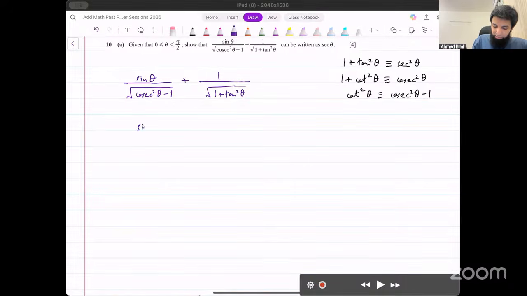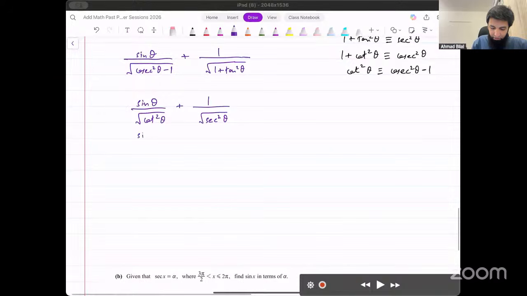Let's do that and see what it gives us. Sine theta divided by square root of cosecant square theta minus 1 will be square root of cot square theta, plus 1 over square root of 1 plus tan square theta, which becomes square root of secant square theta. Now we can simplify the denominators. What does this become?